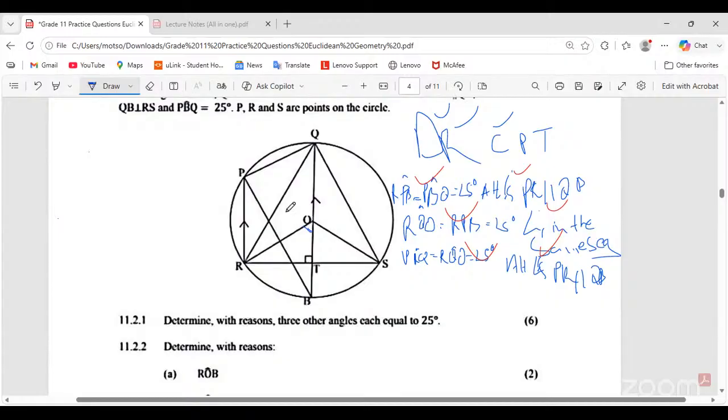It is 2 marks. Okay, let's have a look. We have this angle. We have that angle. We have this angle here. We have that angle.